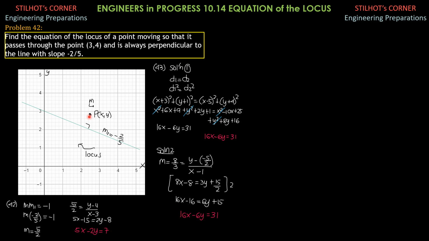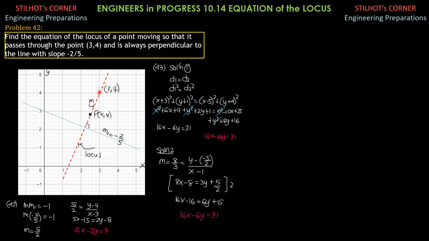Then we have a moving point x comma y which passes through 3 comma 4 as shown, and they are perpendicular. So we are looking for the equation of this imaginary dashed red curve. We locate a point on its locus with x comma y, and 3 comma 4 is also there.